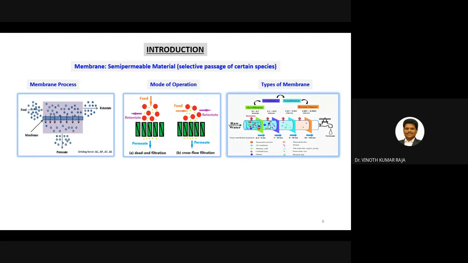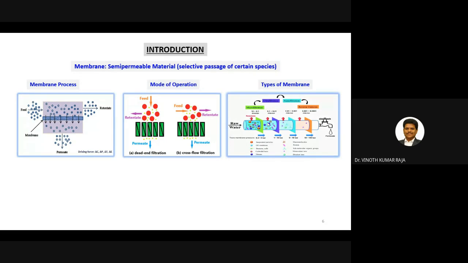As I said, its pore size ranges from 10 micron to 0.1 micrometer. The ultrafiltration membrane, with pore size ranging from 0.1 to 0.01 micrometer, can retain some viruses, macromolecules, and proteins.